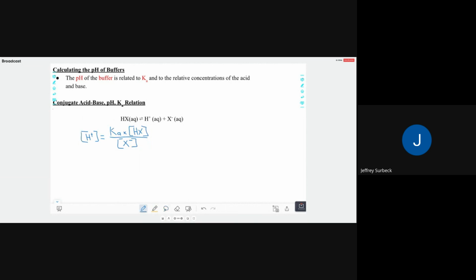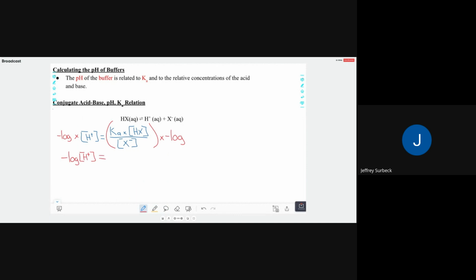What we're going to do on each side here is multiply each side by negative log. And so on the left-hand side, we're going to end up with negative log of the concentration of our H plus.